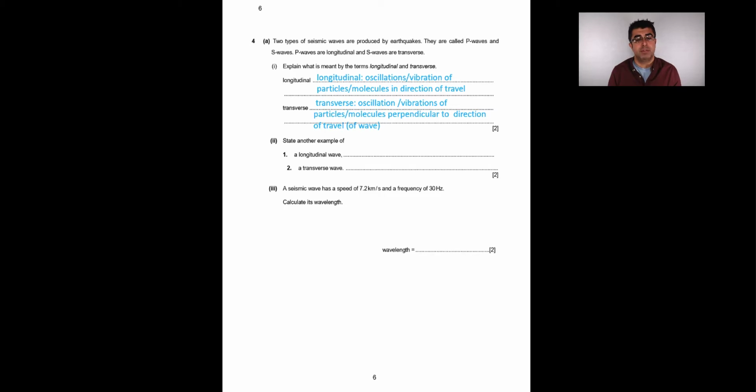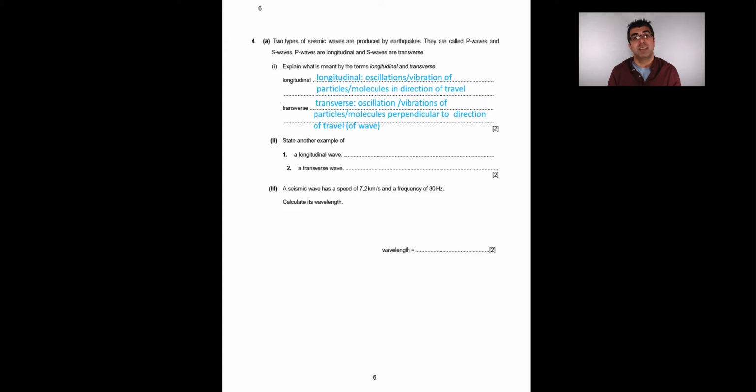State another example of a longitudinal wave. Knowledge and understanding: sound. And a transverse wave: any electromagnetic wave, any light wave whatsoever. A seismic wave has a speed of 7.2 kilometers per second and a frequency of 30 Hertz. What's the wavelength?